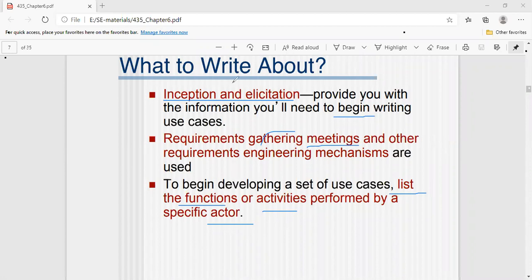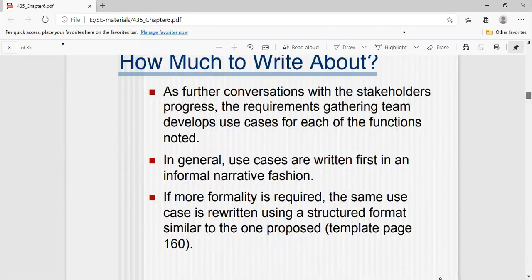If we see the second one, what is the second one here? It is how much to write about it. How much we should write about that particular project.